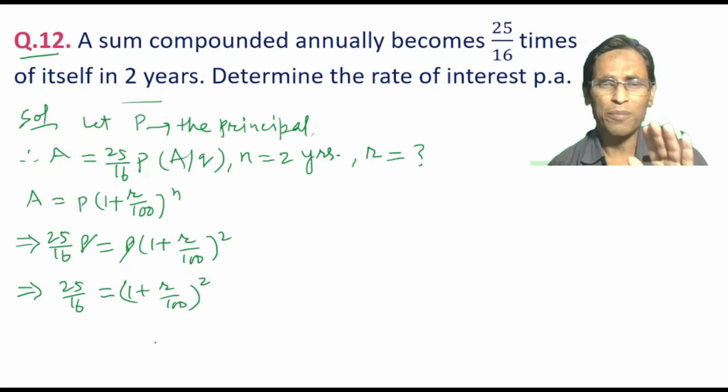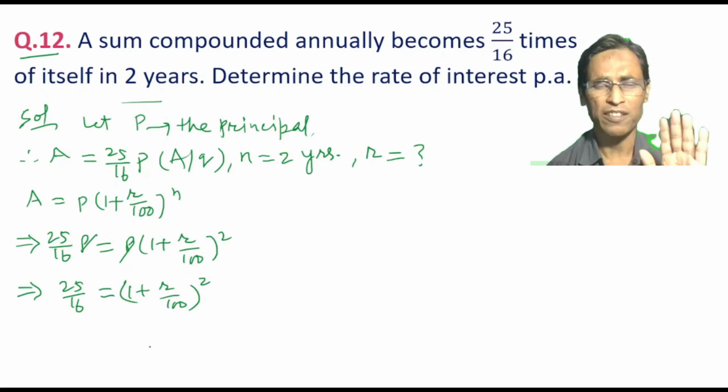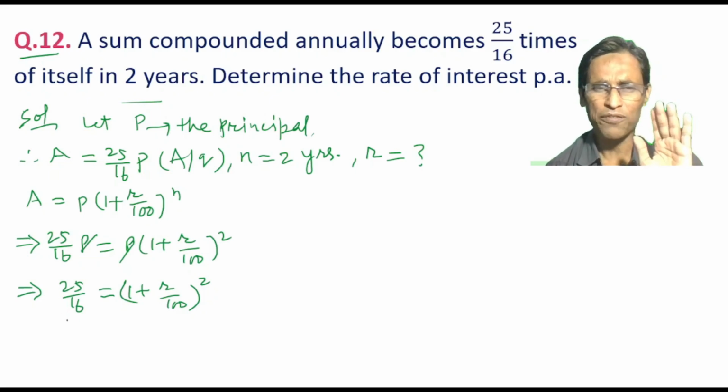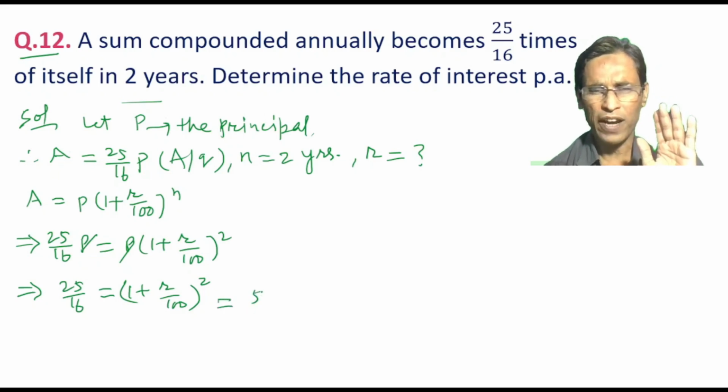Now once again we have the equation in the form of an exponent. So the same logic can be applied here also. If RHS is in exponent form with the power 2, then LHS must be in the form of an exponent with the power 2. By observation we can say 25 by 16 can be expressed as (5 by 4) to the square.